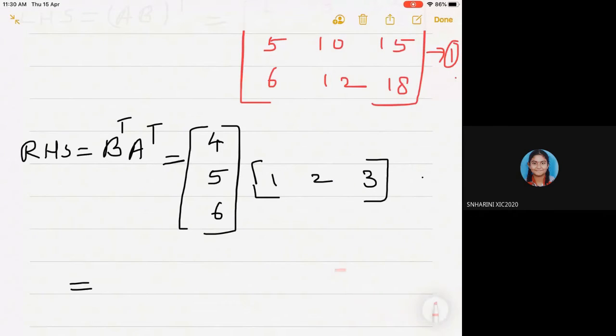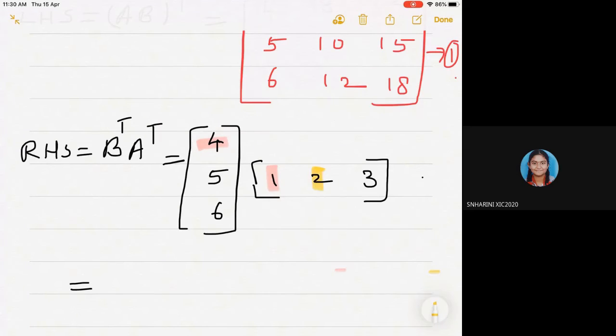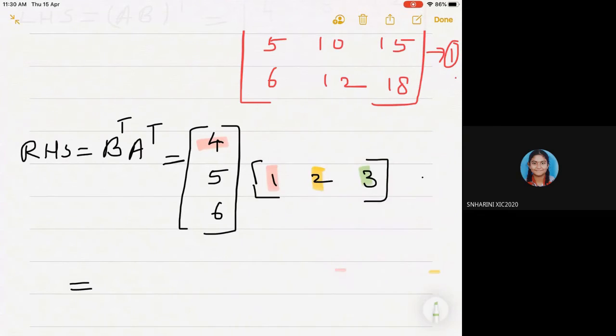So consider the first row, multiply with the first column, then with the second column, then with the third column.